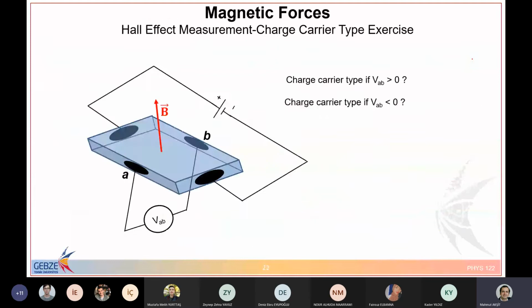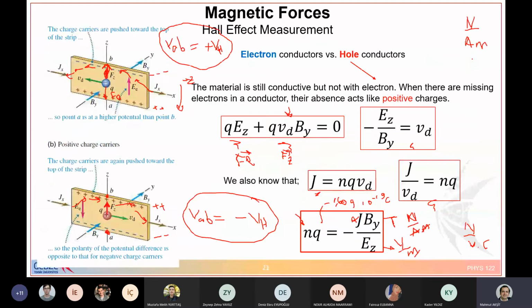And volt should be joule per coulomb, right? Okay, coulombs cancel out. Joules should be Newton meter. And I end up having 1 over meter.